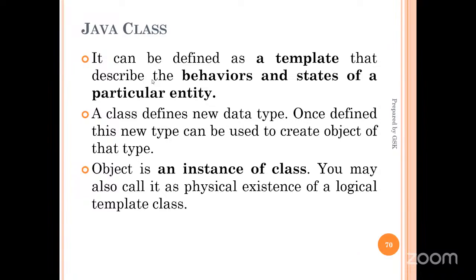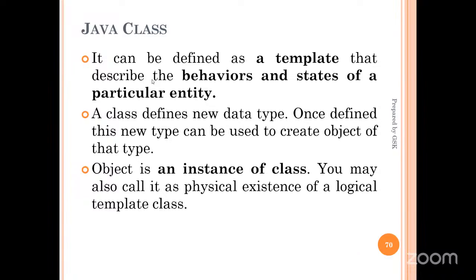And every dog can do some actions in general: eating, barking, running, sleeping. So these are the actions that can be done by the dog, right? So if you identify the object, the behaviors you found, or the actions that can be done by the object, are implemented with the help of methods in Java. Actions and behavior of objects can be implemented with methods in Java.